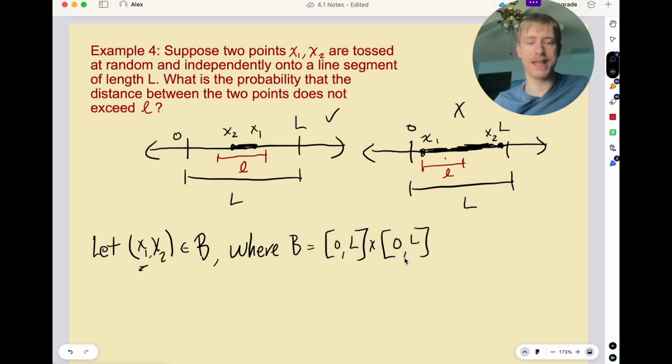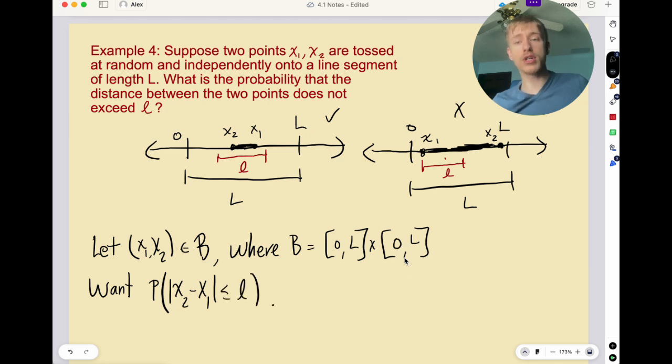Because x1 is between 0 and L, and x2 is also between 0 and L, so hopefully that makes sense. And what we want to find is the probability that the distance between x2 and x1 does not exceed l, so that means that it's less than or equal to little l.